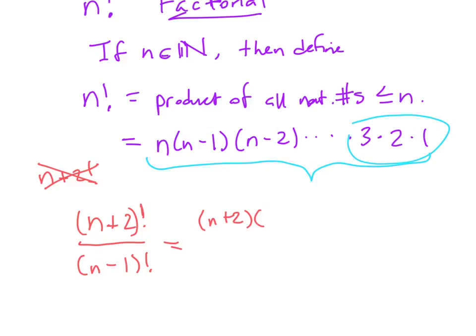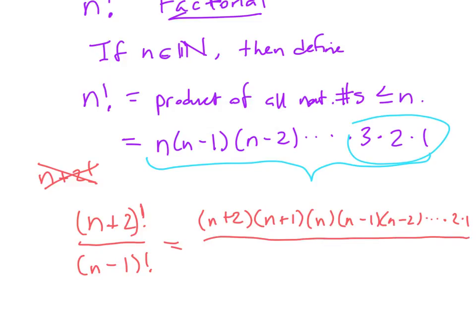If I imagine starting at n plus 2 and counting down, I get n plus 2, n plus 1, n plus 0, n minus 1, n minus 2, and so on down to 1. And then if I imagine dividing all that by n minus 1 factorial, I start at n minus 1 and count down: n minus 1 times n minus 2 times etc. down to 2 times 1.